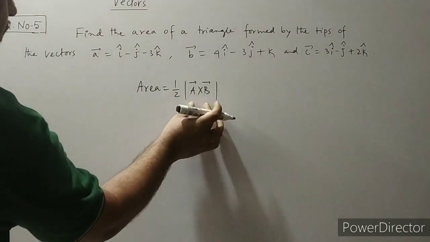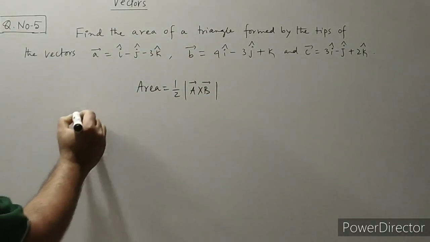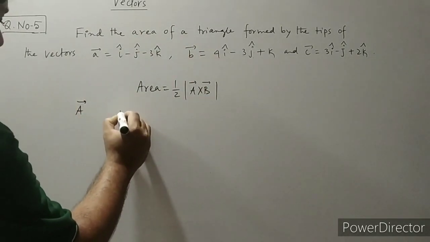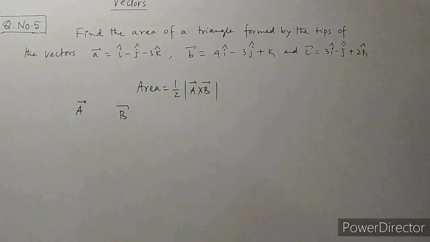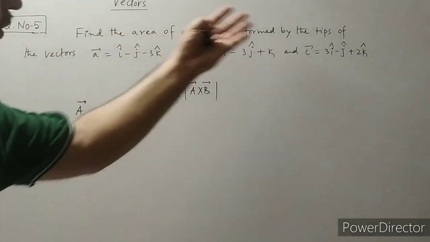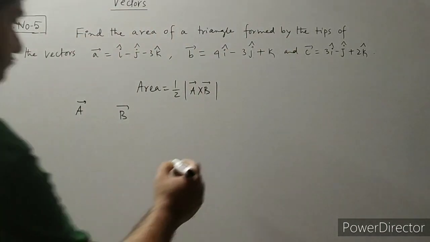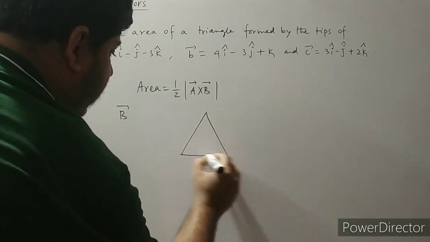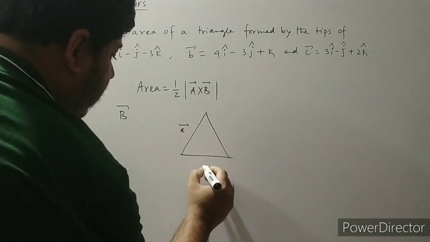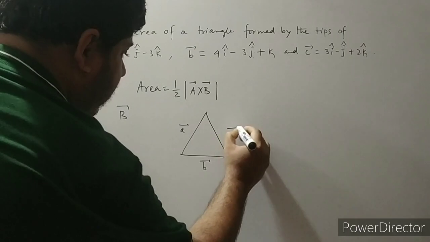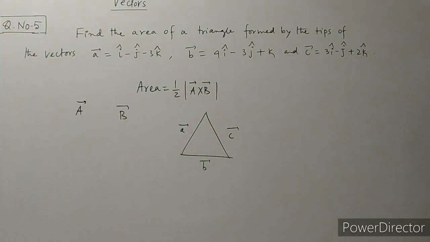But this was only for two vectors. If you know A vector and B vector, then you can use this. But here we know all three vectors. Say it is A vector, B vector, and C vector, so you know the sides of the triangle.